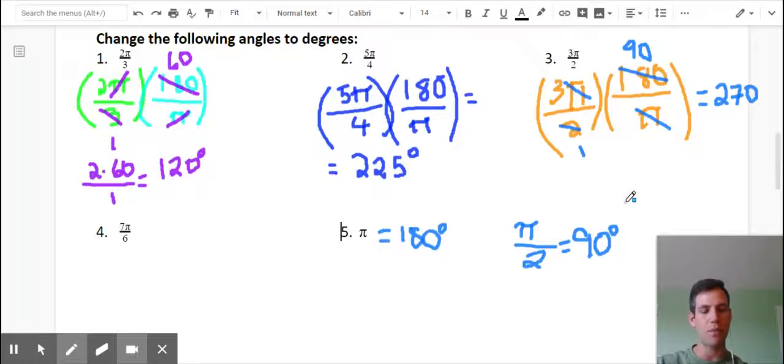And you can remember that pi being 180 is going to be an example that's going to be useful in a lot of problems, because if you think about something like pi over 2 is 90, pi over 3 would just be 180 divided by 3, which equals 60. You could do pi over something like 6. Pi, or 180 divided by 6 is going to be equal to 30. And those are some shortcuts by just thinking about 180 and pi being the same.